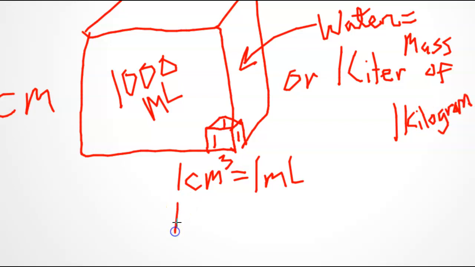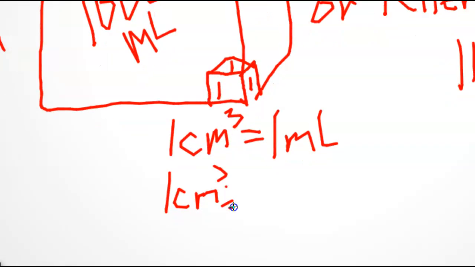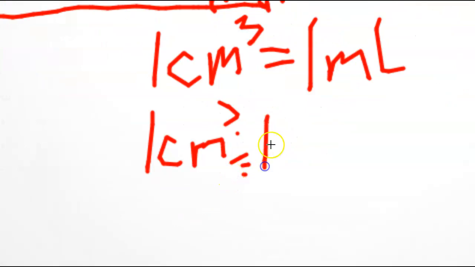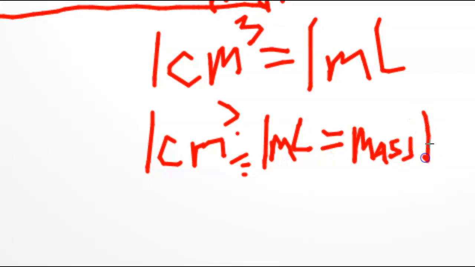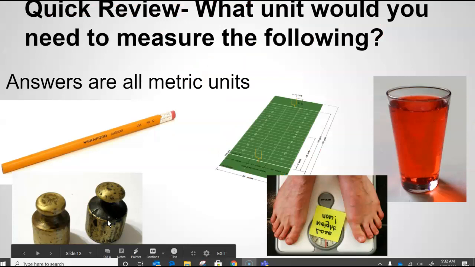So not only is 1 cubic centimeter 1 milliliter, but it also has a mass, if it's with water, of 1 gram.